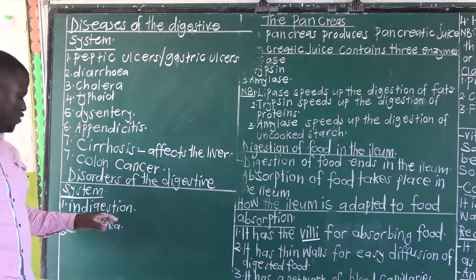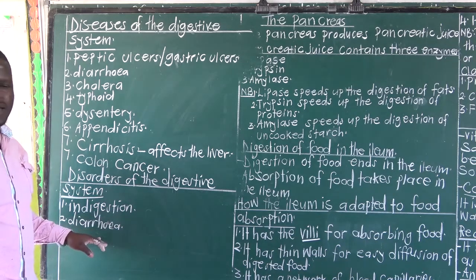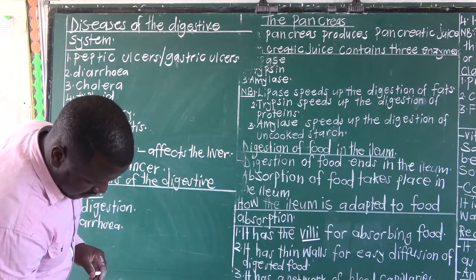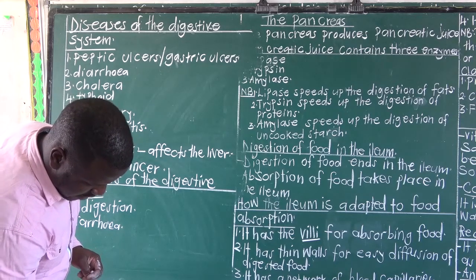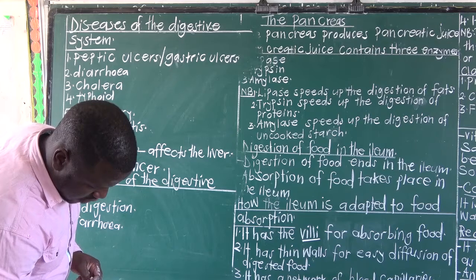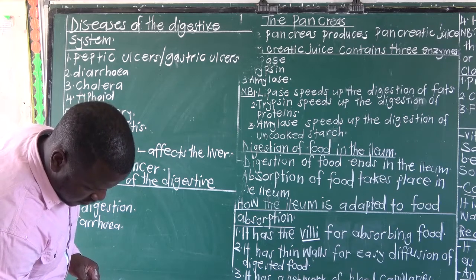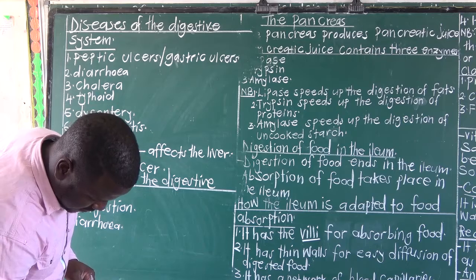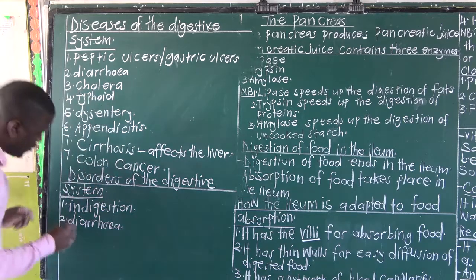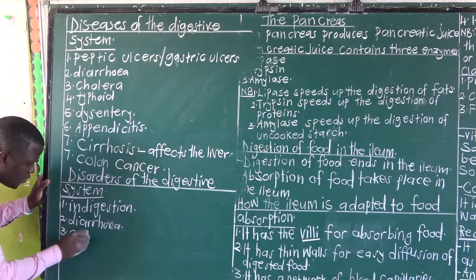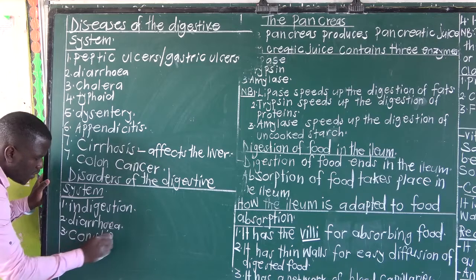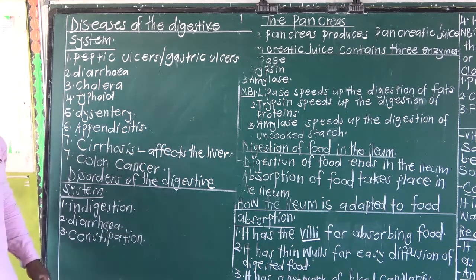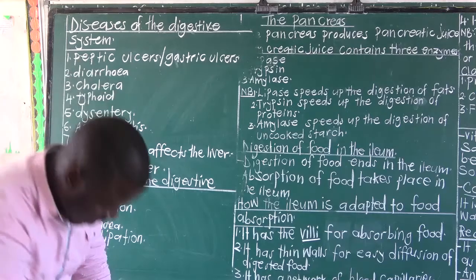So we have indigestion, we have diarrhea. You can get diarrhea if you eat food with dirty hands. So you're supposed to eat food after washing your hands. Then we have constipation. Constipation is caused by lack of roughages.